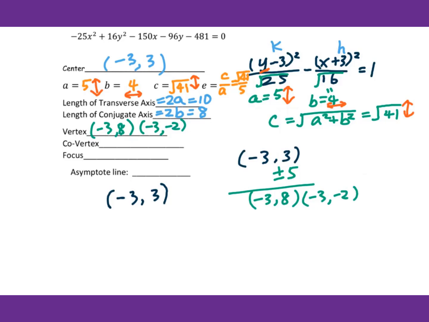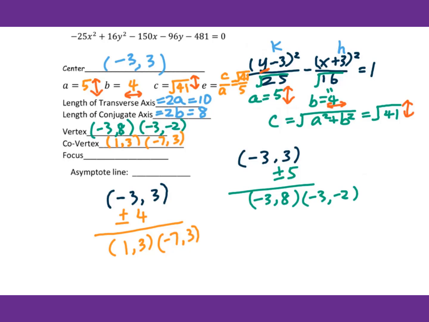For the co-vertex, we still use the center negative 3, 3. For b, horizontal moving. Therefore, I add and subtract 4 from the x coordinate. You will get negative 3 plus 4, that's 1, 3. Negative 3 minus 4 is negative 7, 3. So we get the co-vertices, that's 1, 3 and negative 7, 3.